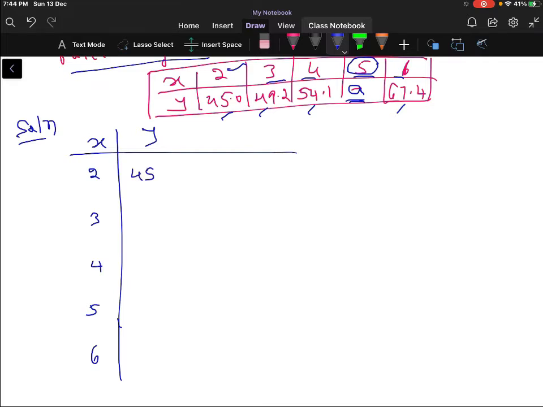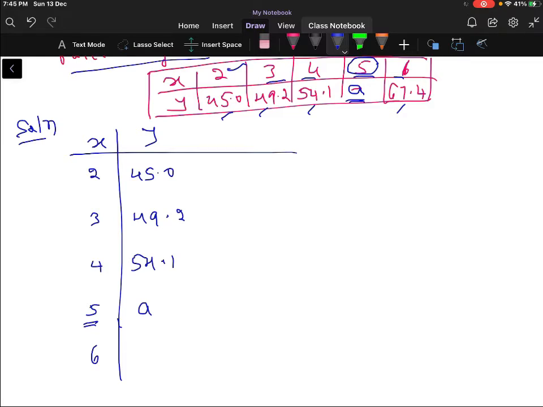The y values are 45.0, 49.2, 54.1. At x equal to 5, y is not given. Let us consider a.